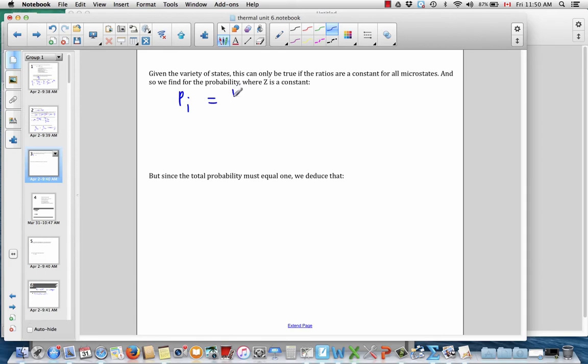And that constant we defined as being 1 over Z. And so this is the probability of state i, so I'm going to use a little subscript here for the energy of state i. And instead of U_i, I'm going to use E_i for the energy of state i.